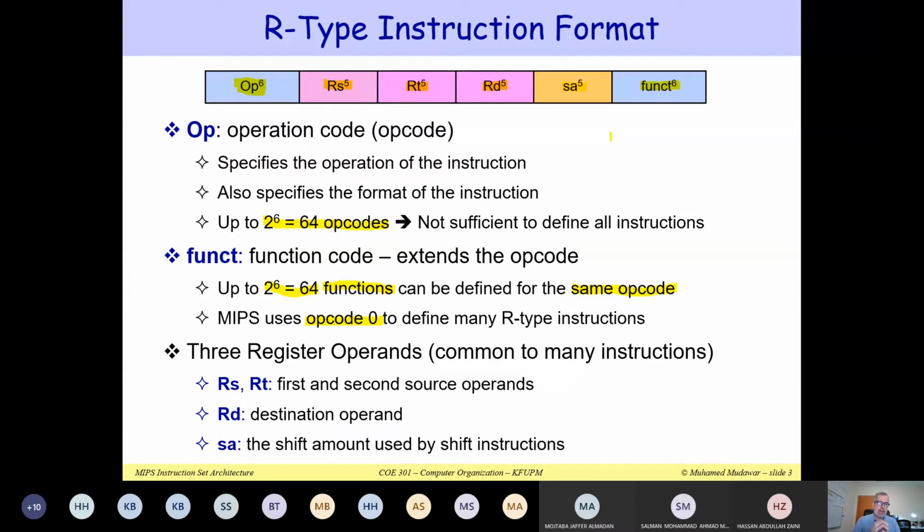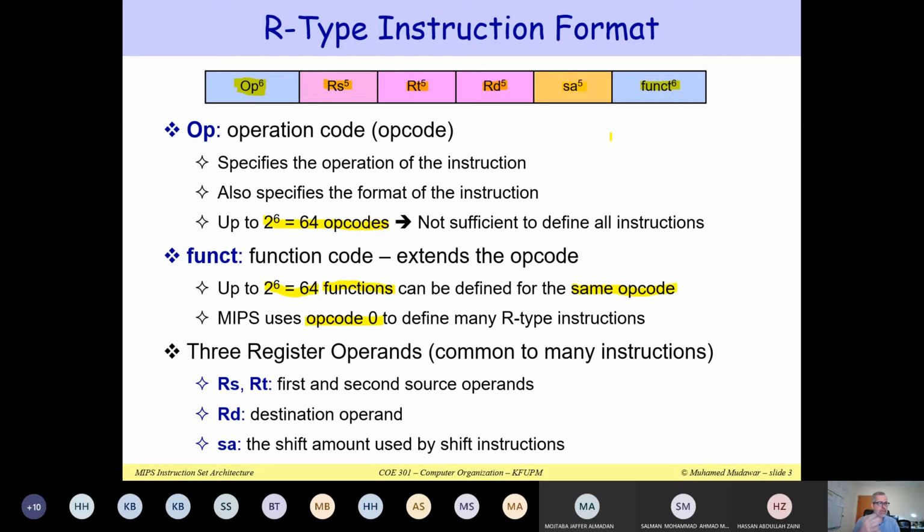Now notice that RS, RT, and RD are 5 bits, as I mentioned earlier. And the reason why they are 5 bits is that we can address 2 to the power 5, which is equal to 32. And we have 32 registers in the MIPS architecture.